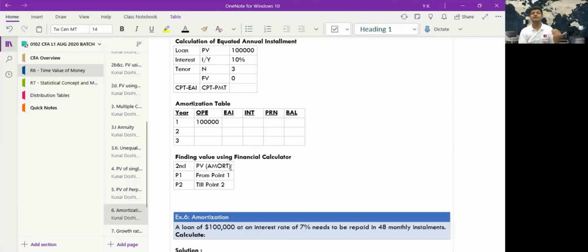So P1 is point 1, P2 is till point 2. That can be any point. For example, if you are seeing 5 years, P1 can be 1, P2 can be 5. So total 5 years of information it will give you. Clear, everyone? Can we try an example on this?